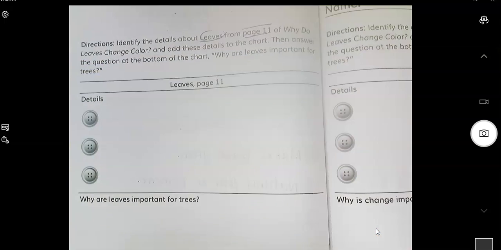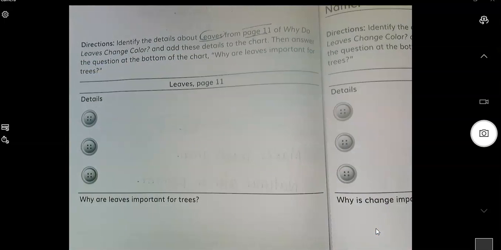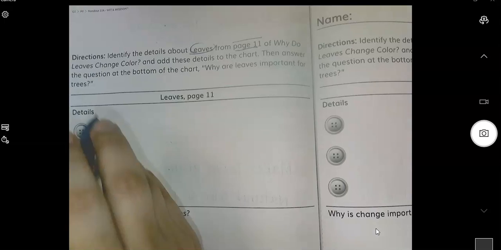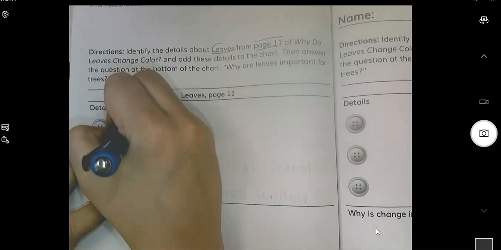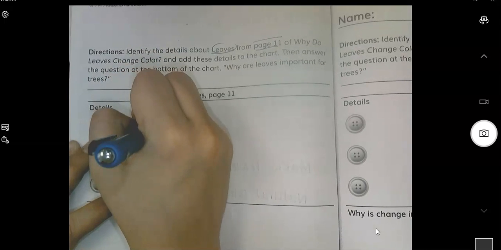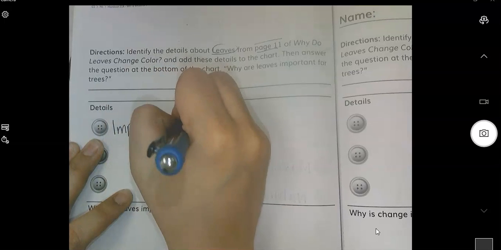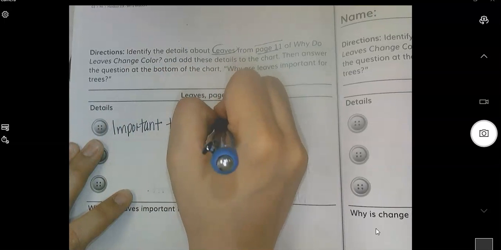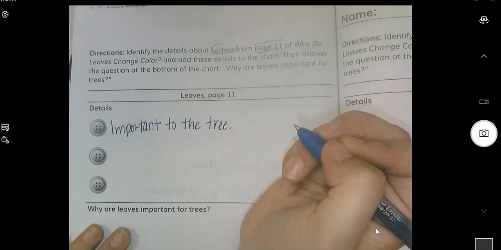Let's go into our details, my beautiful investigators. So what details did you gather while I was reading? If you gathered the detail that leaves are important to the tree, you are correct. Beautiful job.